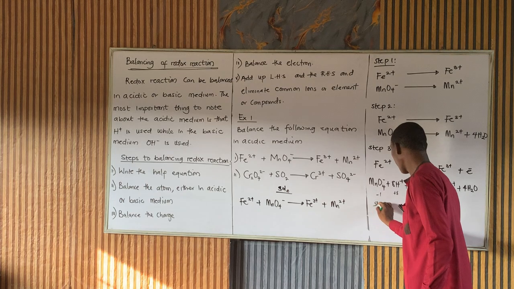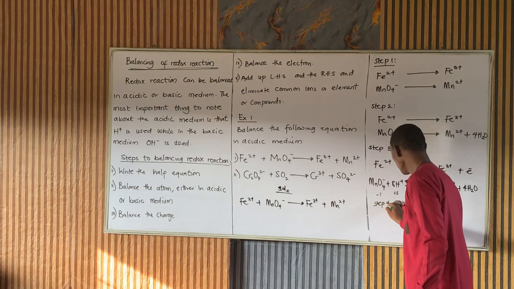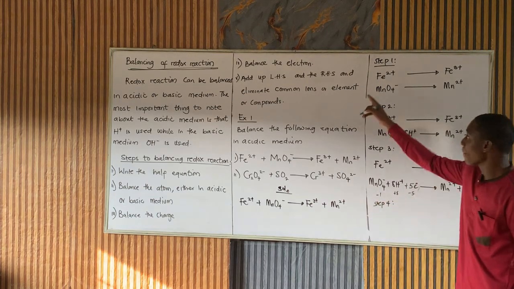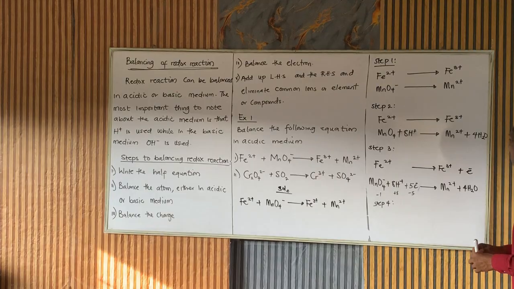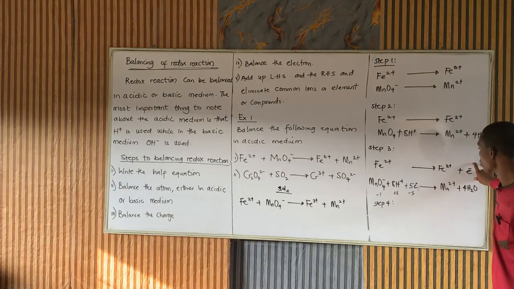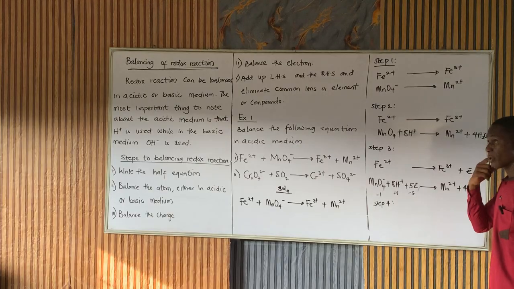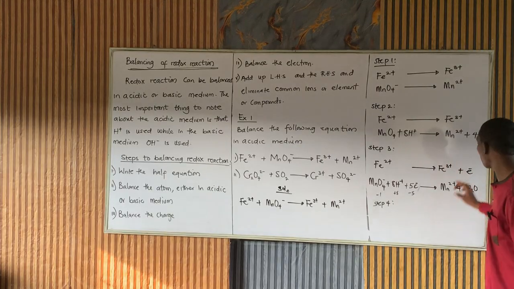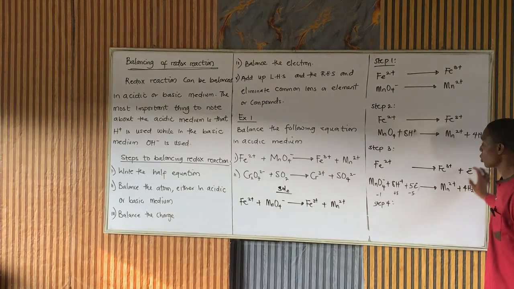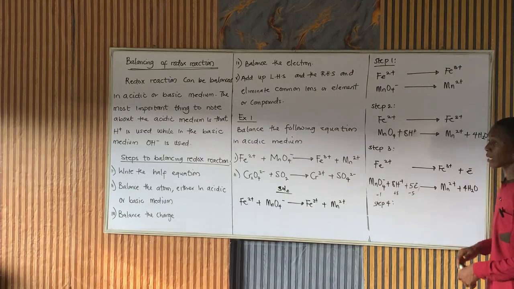Now step 4. Step 4 says balance the electrons. What it means is that how many electrons were used here? That is 1. How many electrons were used here? That's 5. You have to balance it. So I have to multiply this first one by 5, so that everything becomes 5, including the electron.